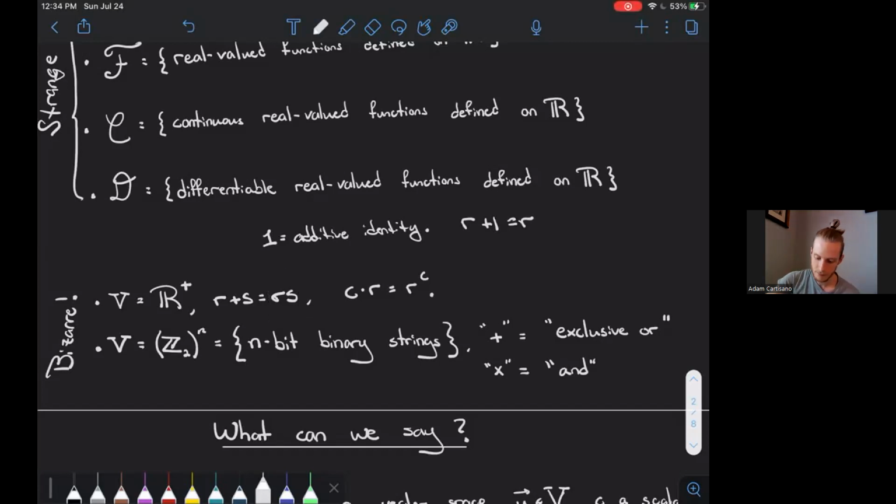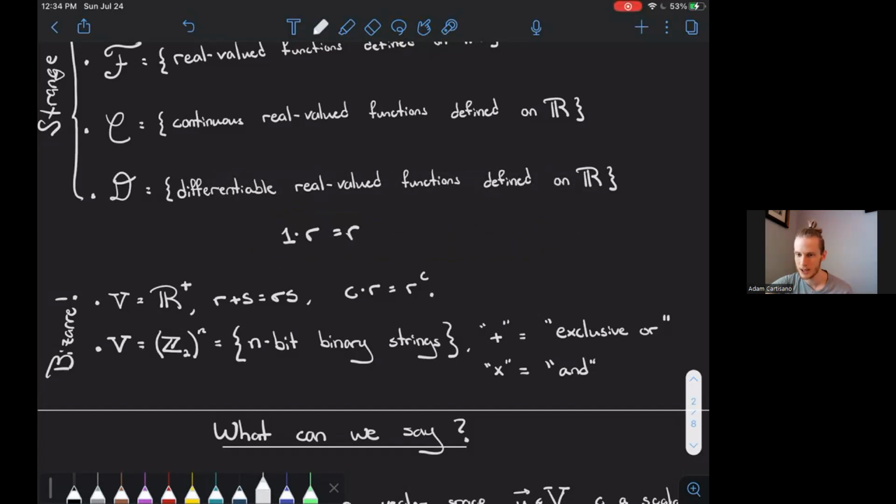Okay. And the multiplicative identity is also 1. 1 times r is also r. So in other words, 1 plus r equals 1 times r in this vector space.